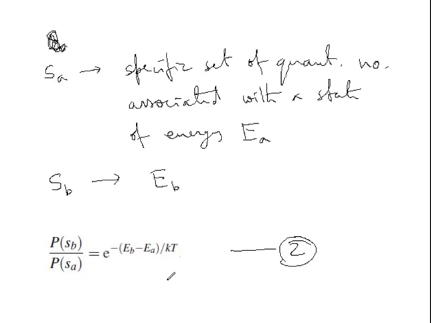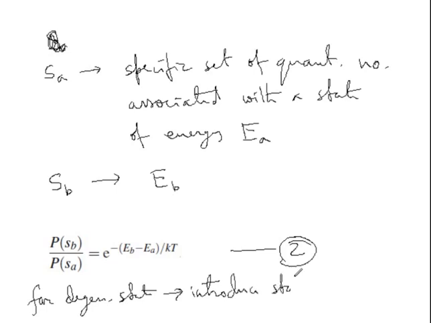So for degenerate states, what we do is we introduce statistical weights g_a and g_b, which are basically the number of states of each energy.